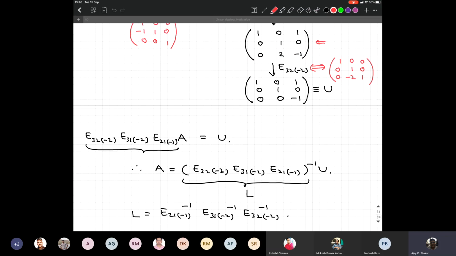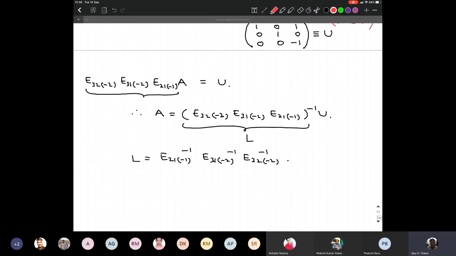So now we know that we are pre-multiplying A by a certain matrix. One of the ways to get back A is to multiply by the inverse of this set of product matrices on both sides.